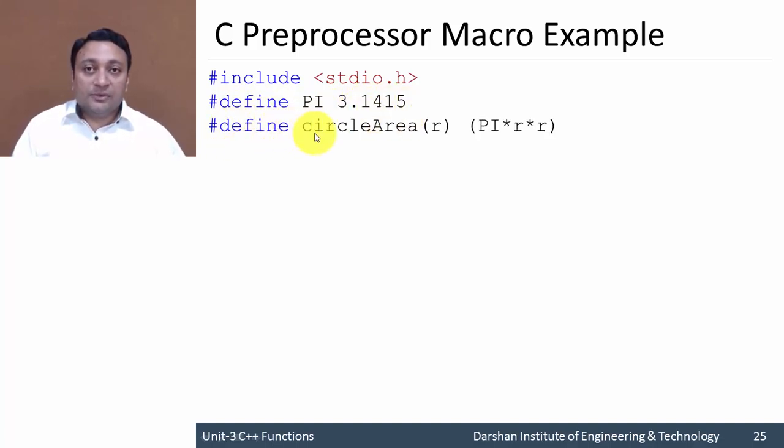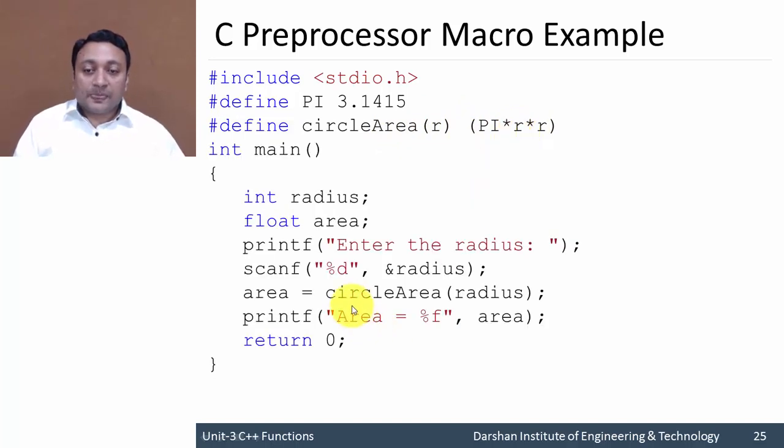Next is preprocessor circle area having argument r and definition is pi into r into r. So in this program we are getting radius from user and passing this radius to circle area function, right? Whenever compiler finds circle area, then it will replace this definition with the argument radius.